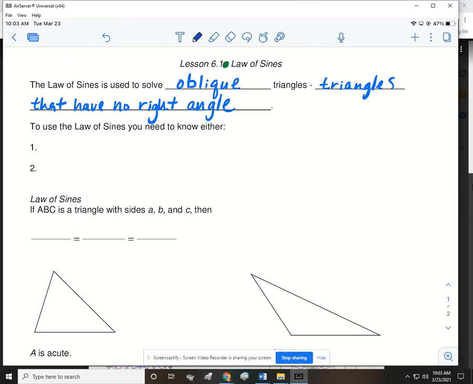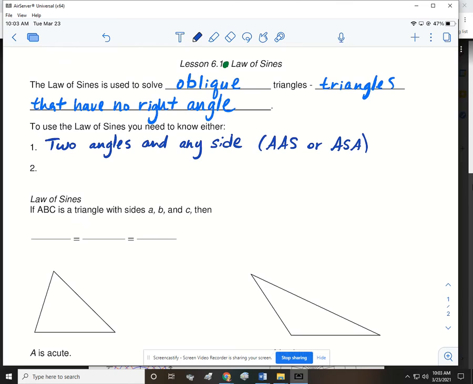You use law of sines if you know either two angles and any side, which would be angle, angle, side, or angle, side, angle.